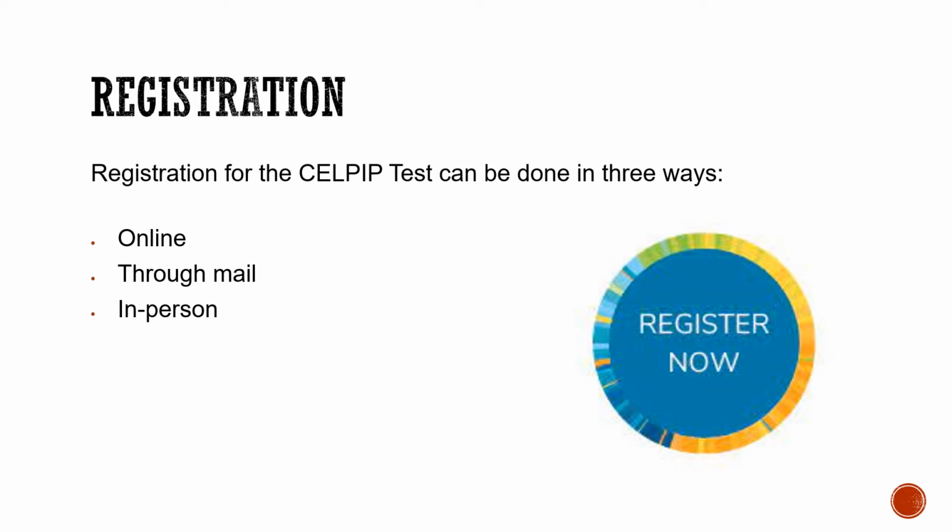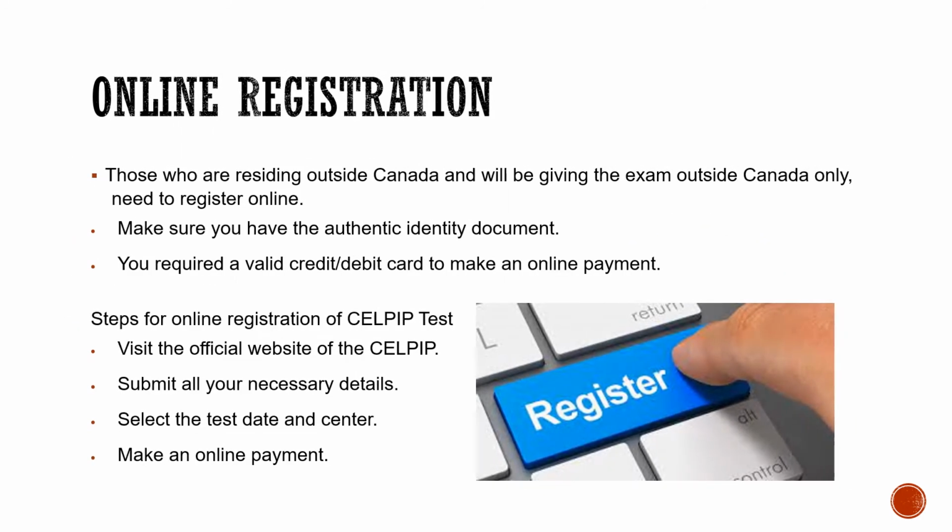Registration for the CELPIP test can be done in 3 ways: online, through email, or in person. For online registration, those who are residing outside Canada and will be taking the exam outside Canada only need to register online.